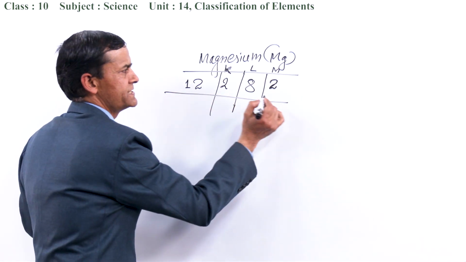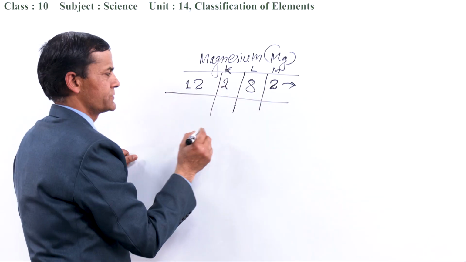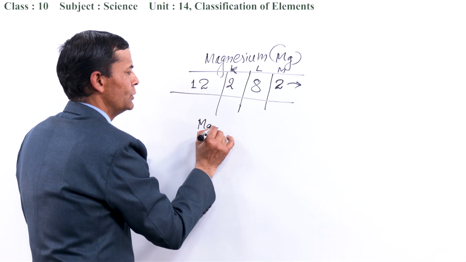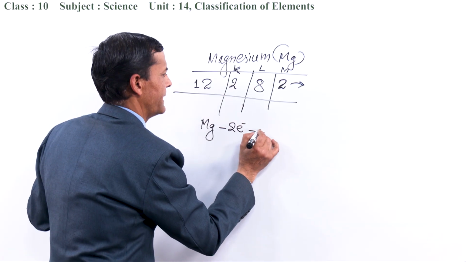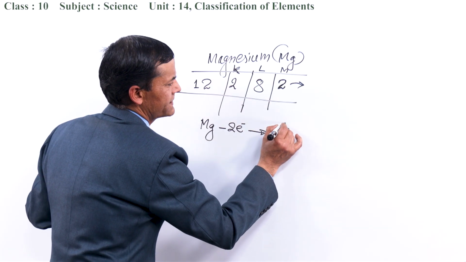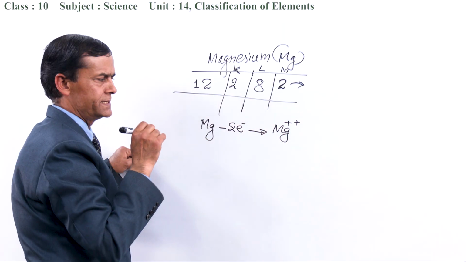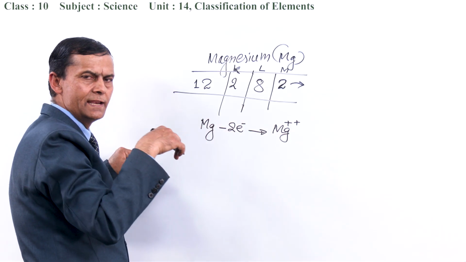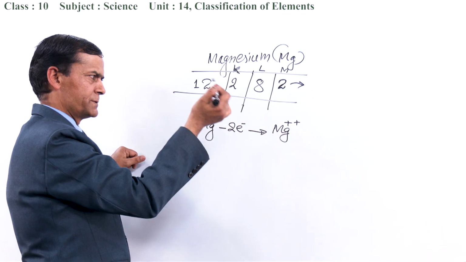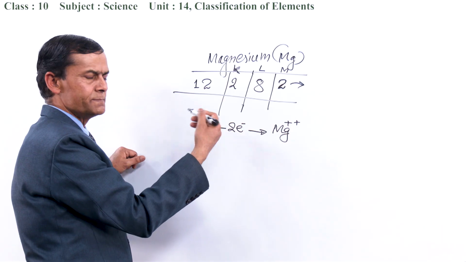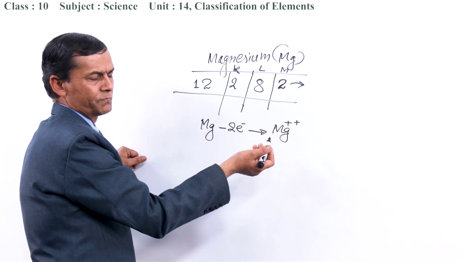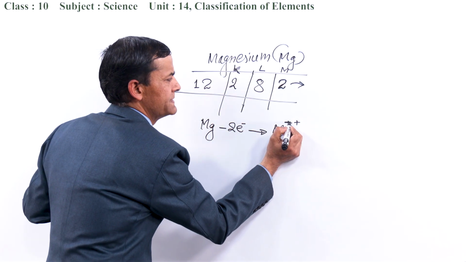Sure, magnesium loses 2 electrons. So if magnesium loses 2 electrons, then what happens? Magnesium gets a positive charge, isn't it? Magnesium loses 2 electrons. That means electrons are lost, but the proton number is still 12. Electron number remains 10. That means which is bigger? Proton number is greater, so that is positive charge.